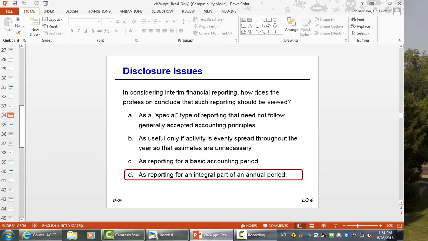They are an integral part of the audit, but they're not auditing. They're doing reviews. When you get to auditing class, we'll cover all that stuff. Hopefully I won't be teaching, but never know. Anyway, so we treat these exactly the same way. Report it as an integral part of the annual period, so that's good.